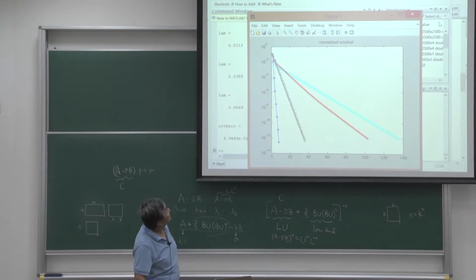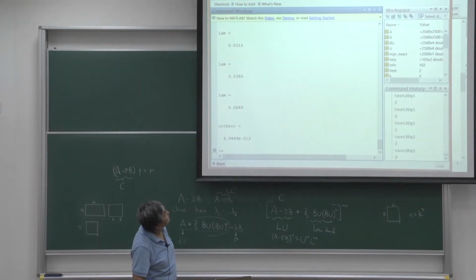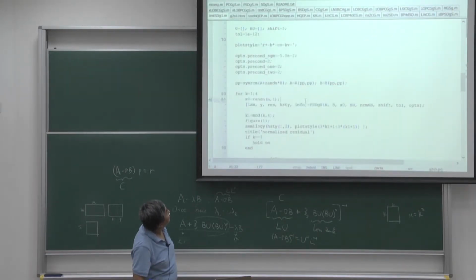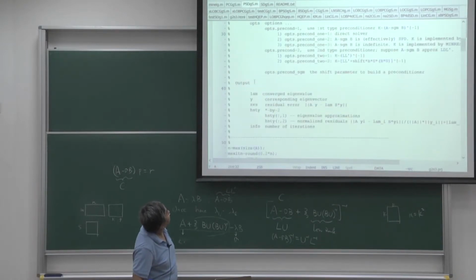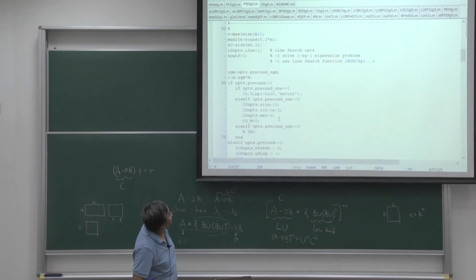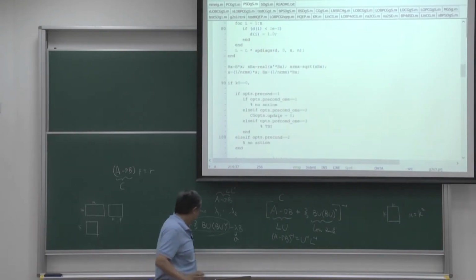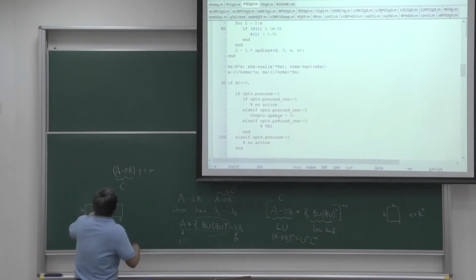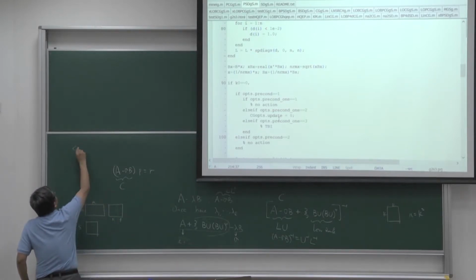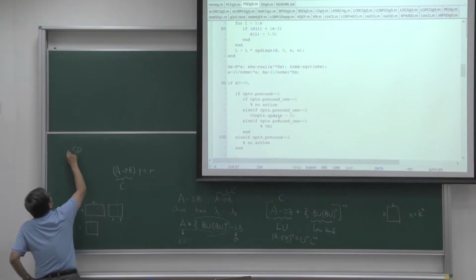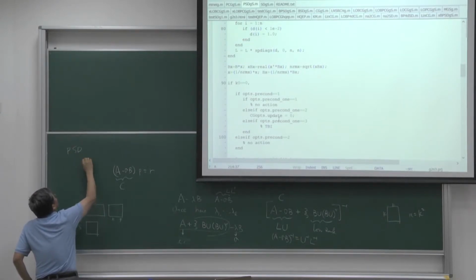Okay, so now for the homework assignment that I passed to you, I want you to modify this routine to make an extended version. In the steepest descent or preconditioned steepest descent, at each step you search a space.